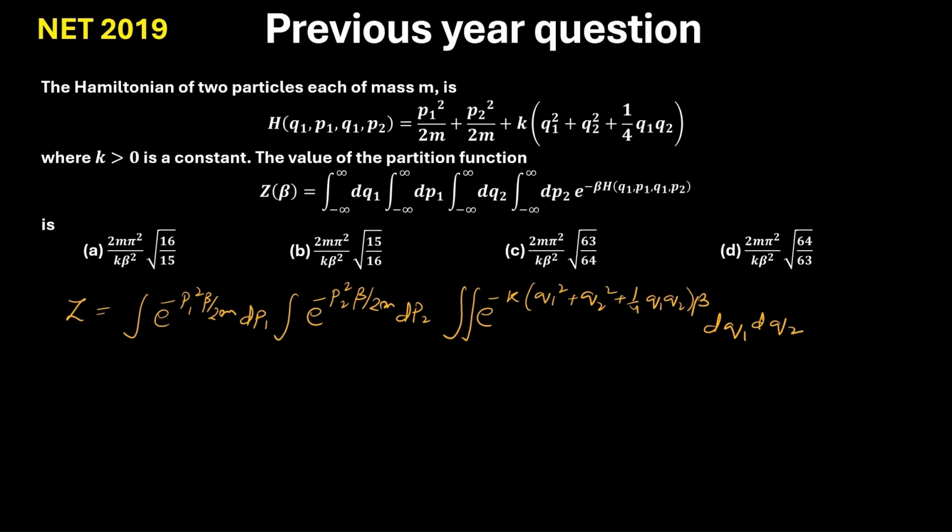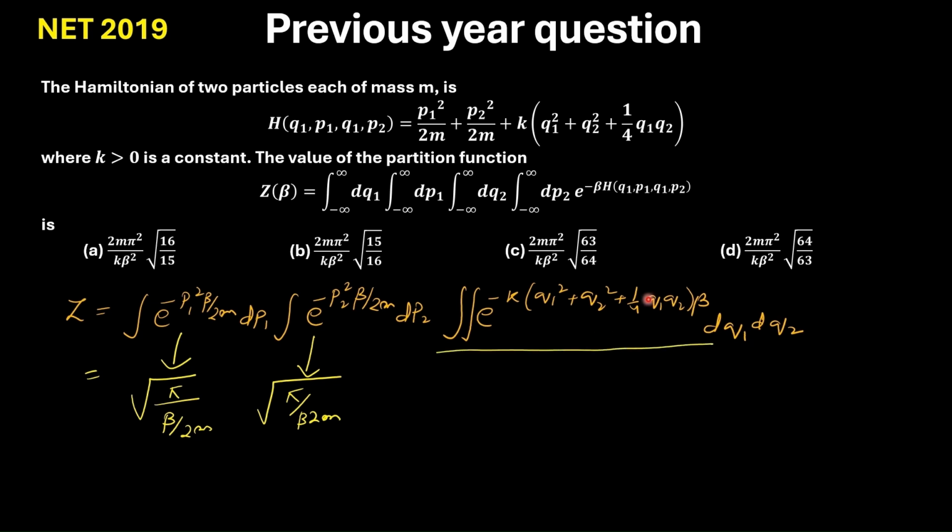Now this integration, we know it will be root over pi by beta by 2m. This one also will give root over pi by beta by 2m. But for solving this integration, here we have this coupling term. So what you can do is, first you take this q1 square and this 1 by 4 q1 q2, then you integrate with respect to q1. Then the answer will have q2 terms. Then you integrate with respect to q2.